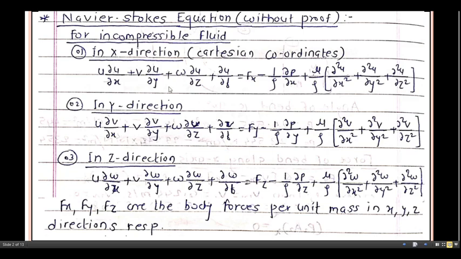Now see the Navier-Stokes equation for the incompressible fluid along the x direction.